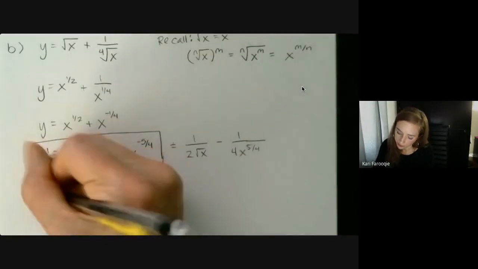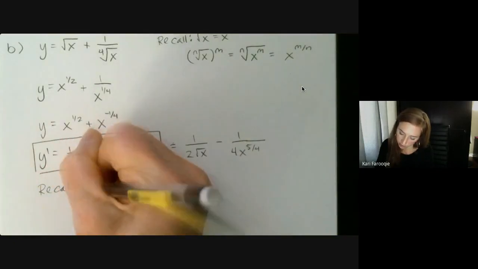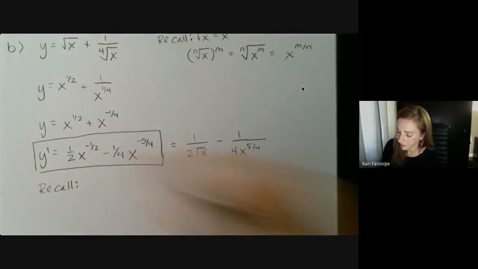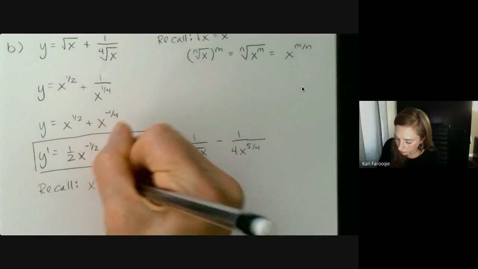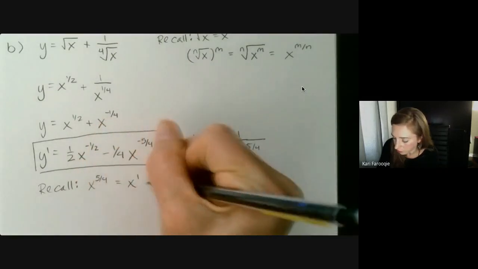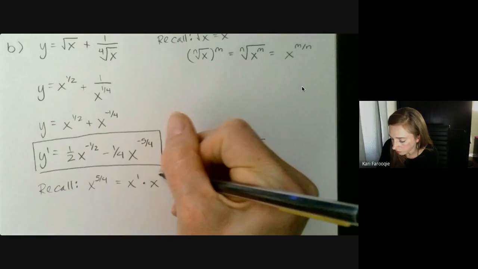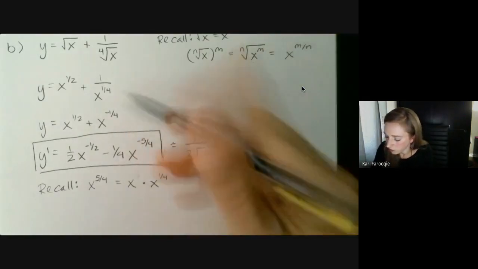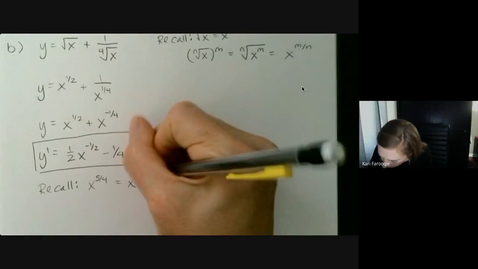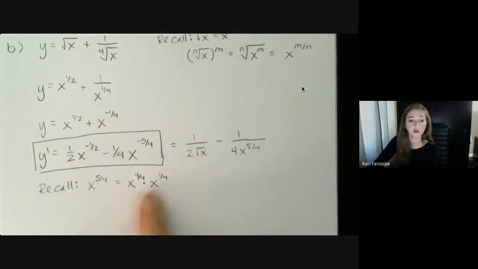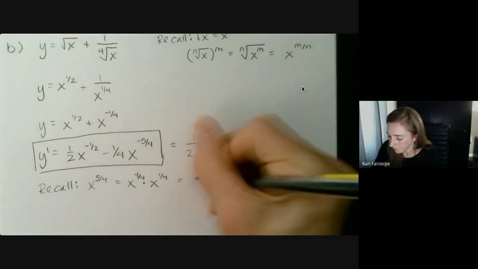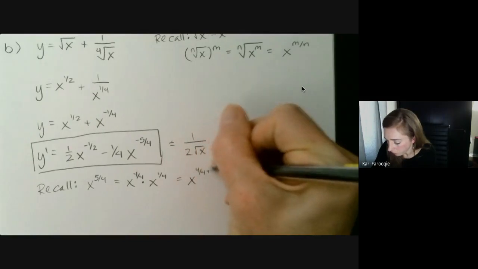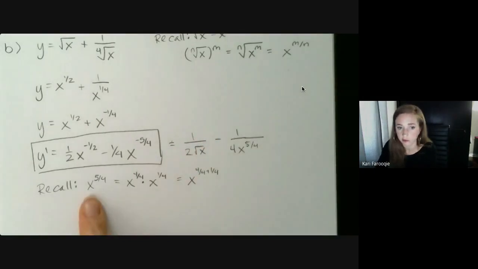Recall, I'm going to remind you of some rules here from algebra. X to the 5/4 is really just x to the 1st times x to the 1/4. And if you want me to split it up twice, remember if you're multiplying and you have the same base, you add the exponents. So this would be x to the 4/4 plus 1/4, which is x to the 5/4, right?